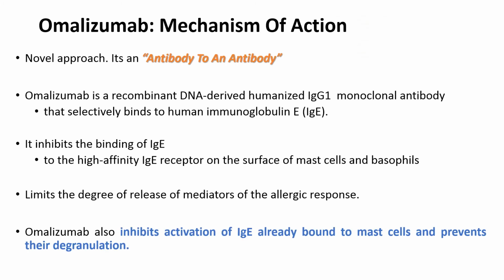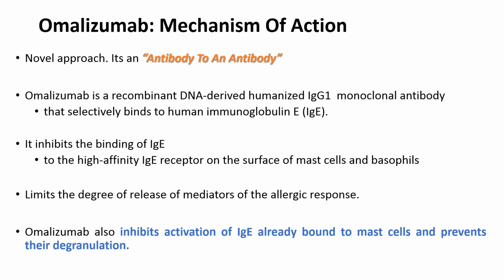Omalizumab. This omalizumab is actually an antibody to an antibody. Now, what is this antibody to an antibody? Omalizumab is a recombinant DNA-derived humanized IgG1 monoclonal antibody, and it actually binds to the IgE.